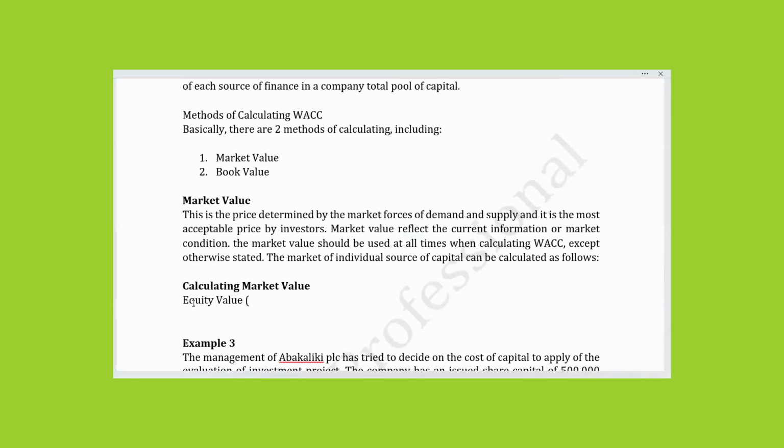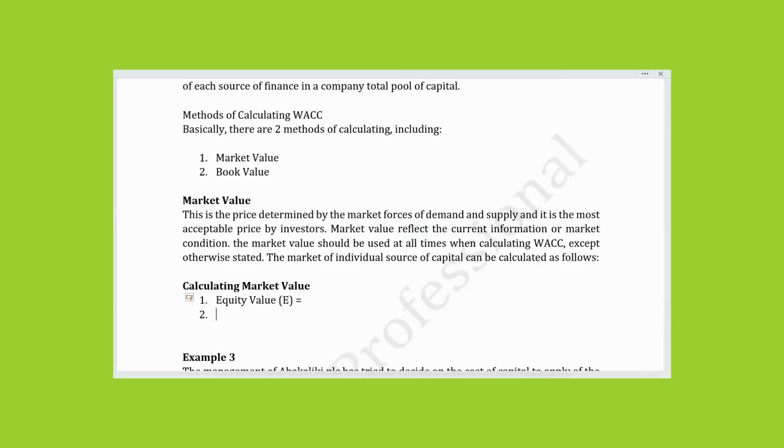Equity value is denoted as E. Let's say this is number 1. Then the second one will be value of preference share, denoted as P. And the third one is debt value, value of debt, denoted as D.